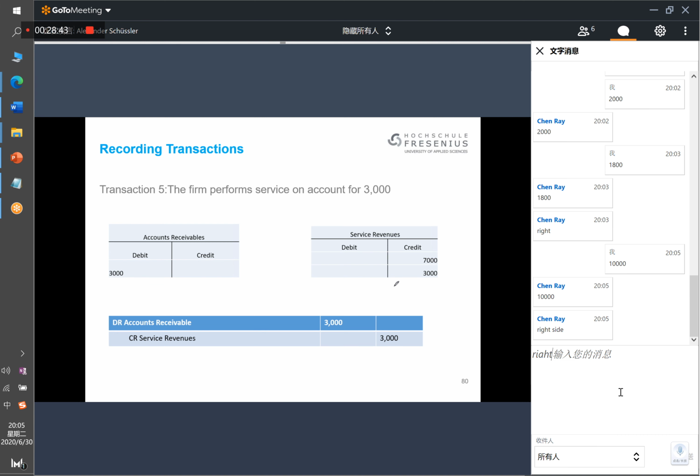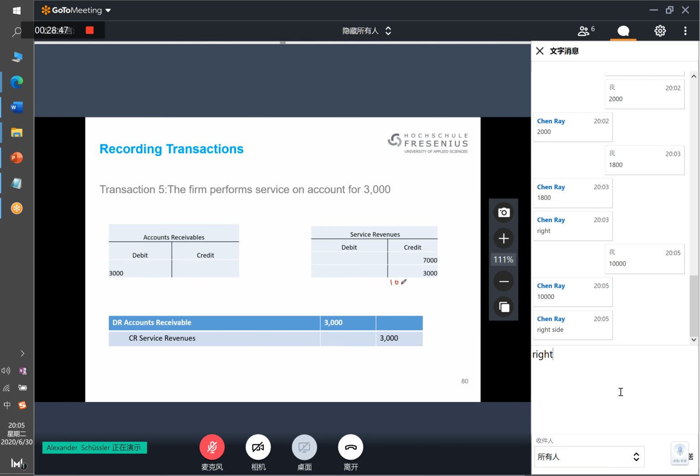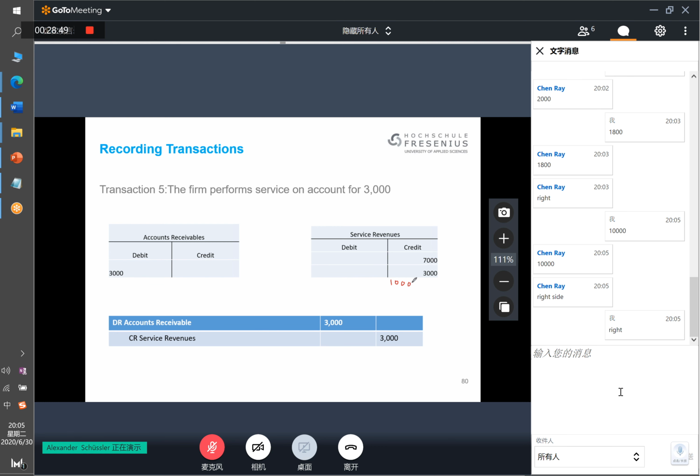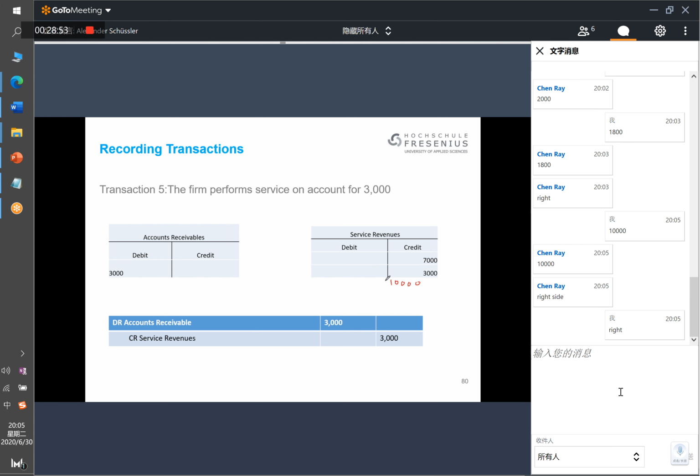Right side or left side? Right side. Okay, I think we did pretty much all of them.